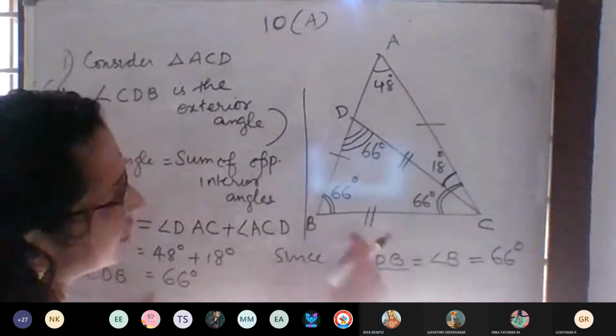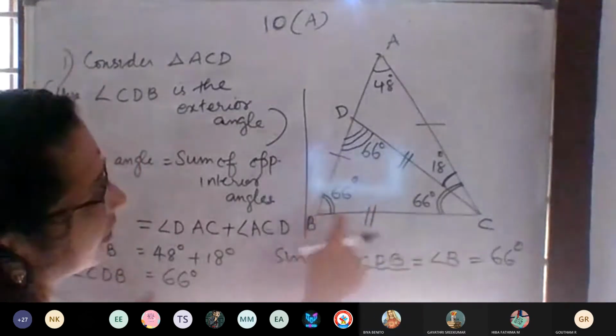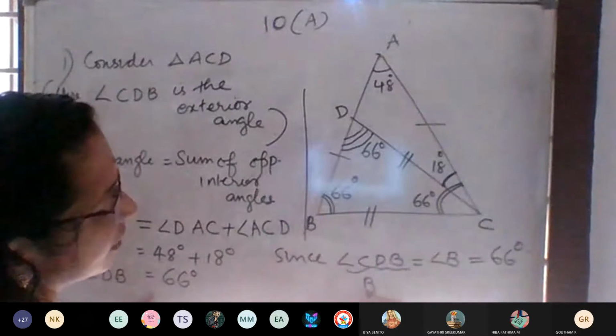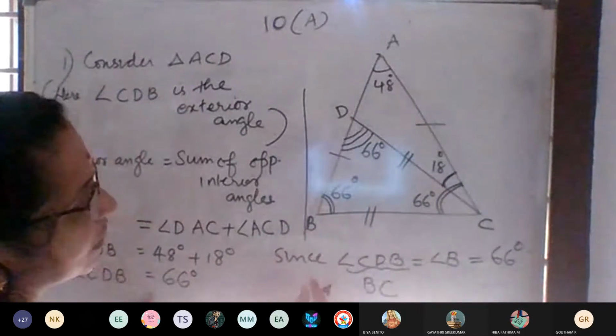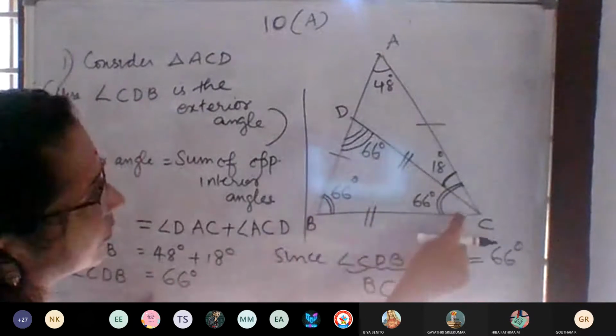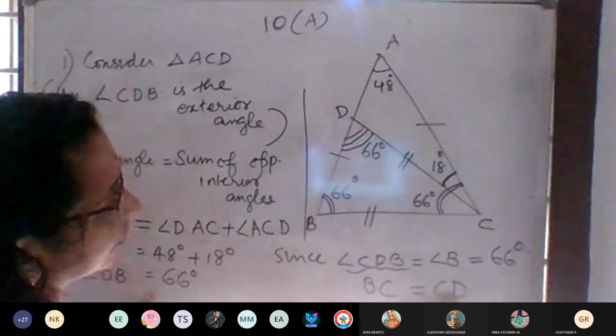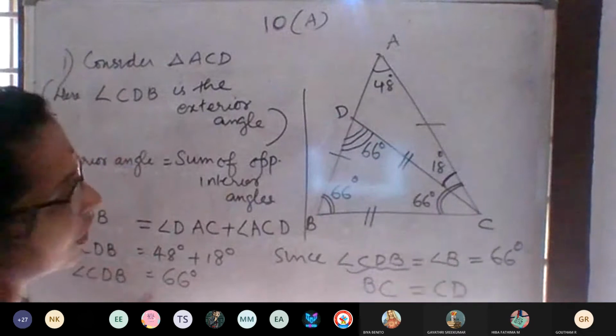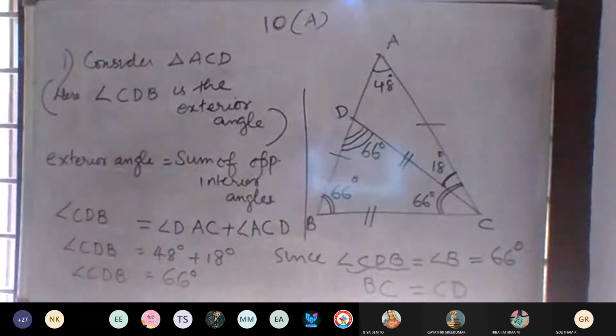We can write, instead of angle CDB, in terms of the sides. So angle CDB's opposite side is which one? BC is equal to... opposite of angle B is what? CD. Therefore, BC is equal to CD.